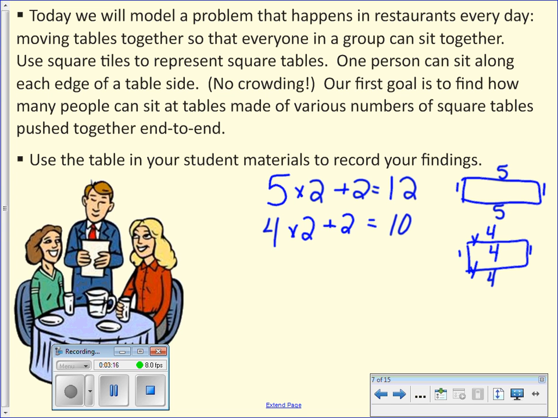Take another table away. My friend's babysitter backed out. They couldn't show up. Now we have 3 tables. So that's 8 people. How come? 3 on each side plus 2 on the ends.